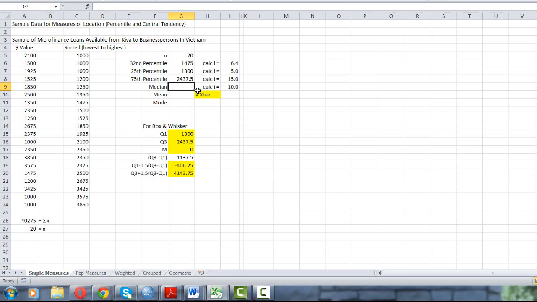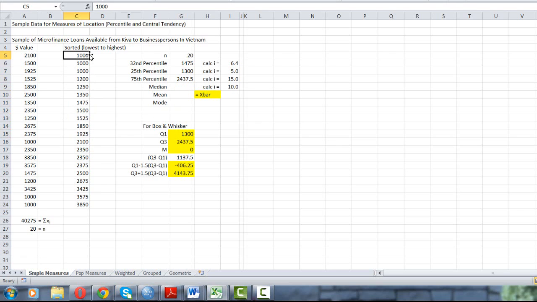The median, you could do the same. You've got the 10th value out of 20, and so you've got the average of the 10th and 11th values. So I guess I should have counted that: 1, 2, 3, 4, 5, 6, 7, 8, 9, 10.